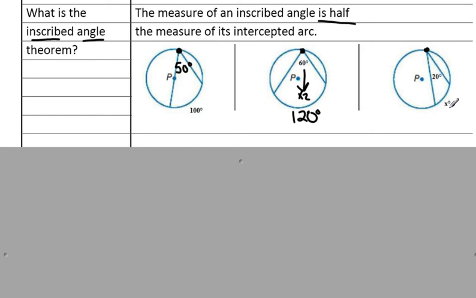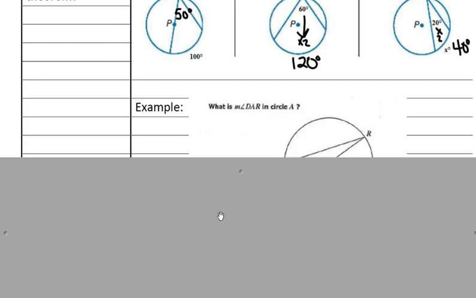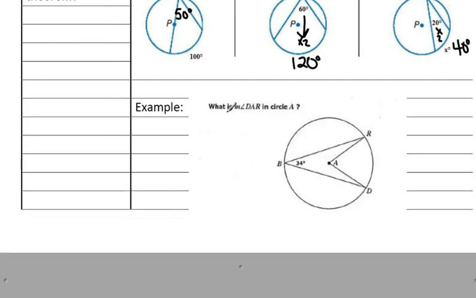So then what do you think the X value would be for this inscribed angle's intercepted arc? Okay, it would be double, so multiply 20 times 2, so it would be 40 degrees. Okay, so in this example, we want to find the measure of angle DAR. So if we figure out arc DR, the central angle, because DAR is a central angle, the central angle will equal the arc.